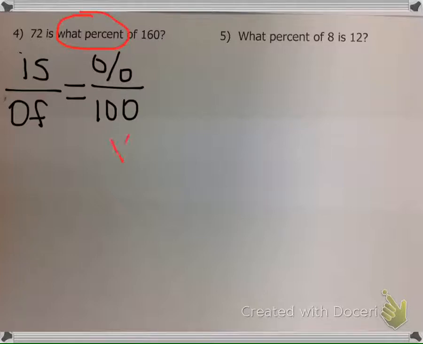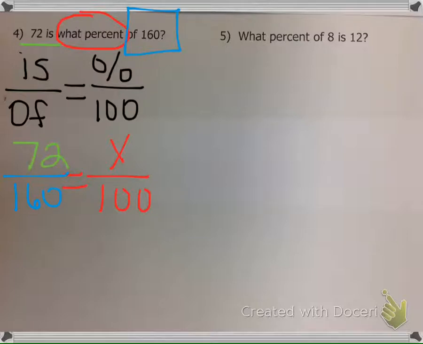We don't know, so we're going to throw in our variable there. And the number after your word of is going to be your of. That's where you're going to plug in your of. Of 160. And we have 72 is. So that's going to be your is.